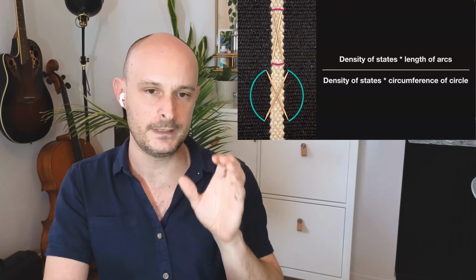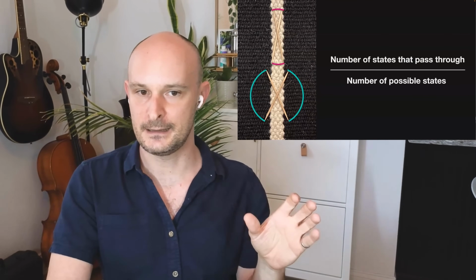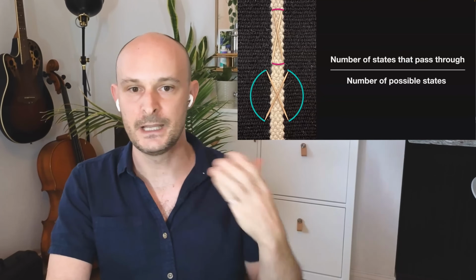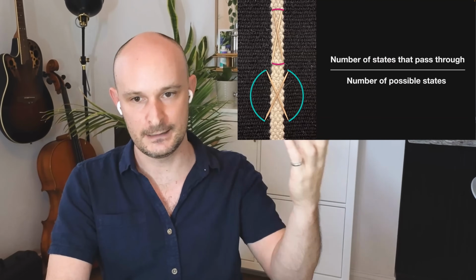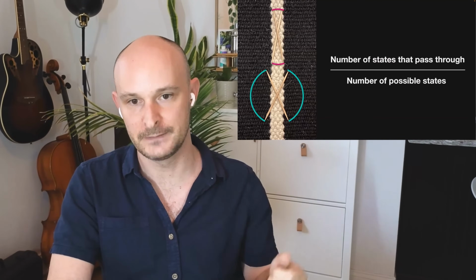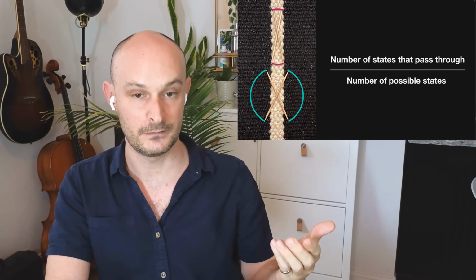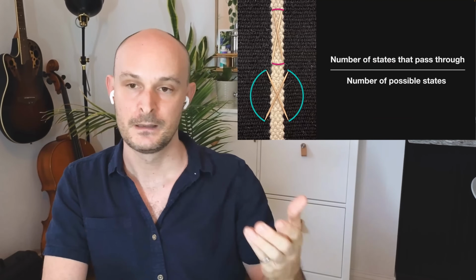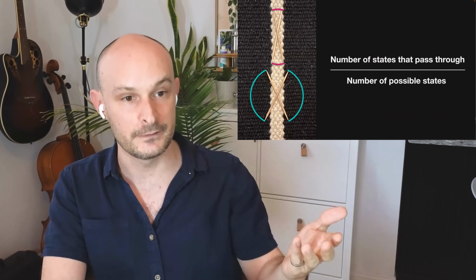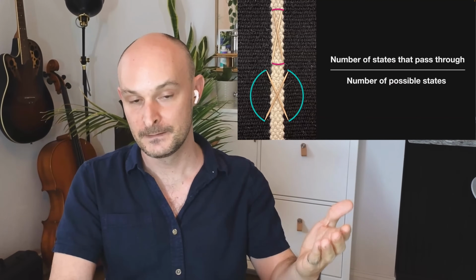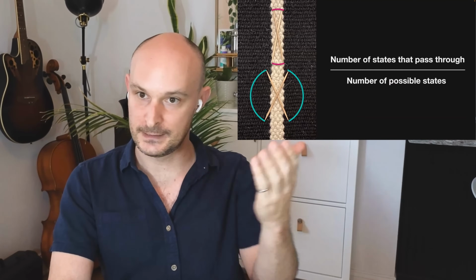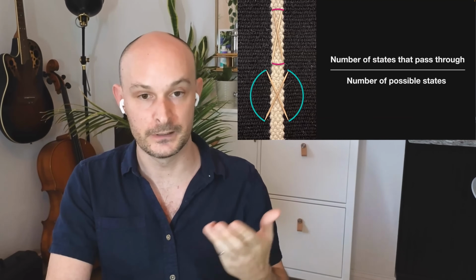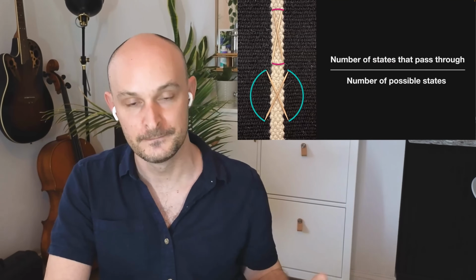So now when you take a density times a length, you should get some number. Those densities of states times the length of those arcs, or the full circumference, should give you a number of states. And it should be the number of states that pass through divided by the number of all possible states, is what these angular arcs of these toothpicks should be telling you.